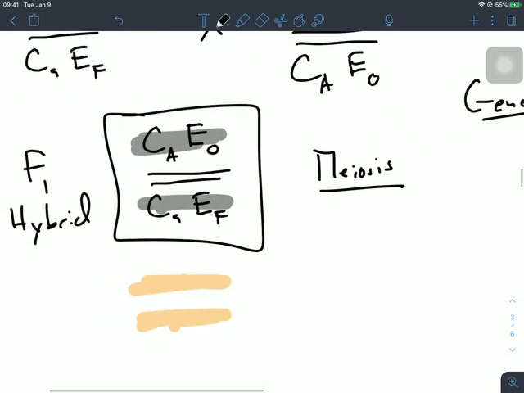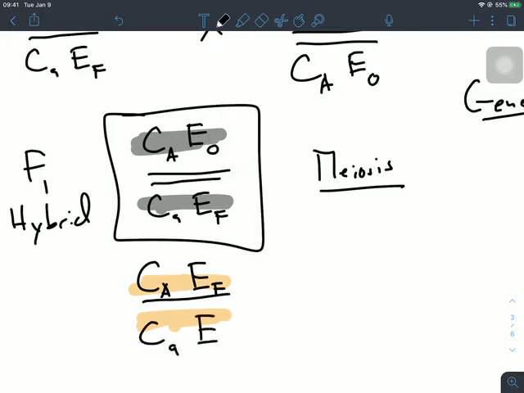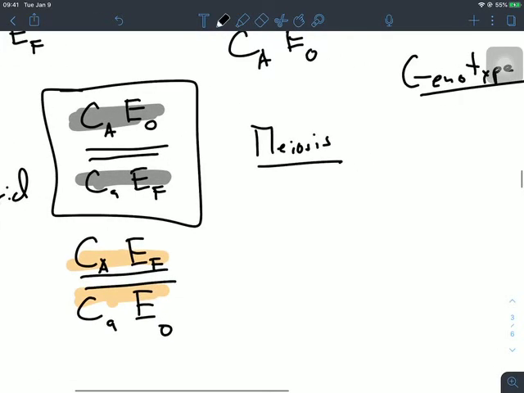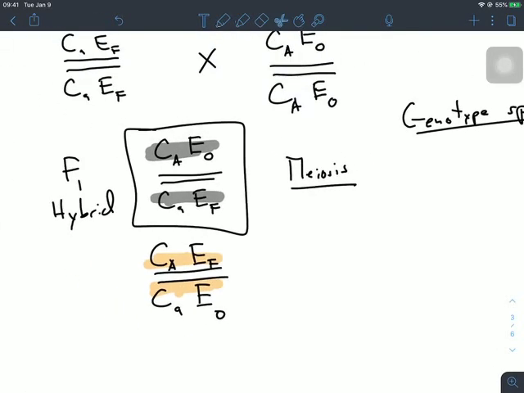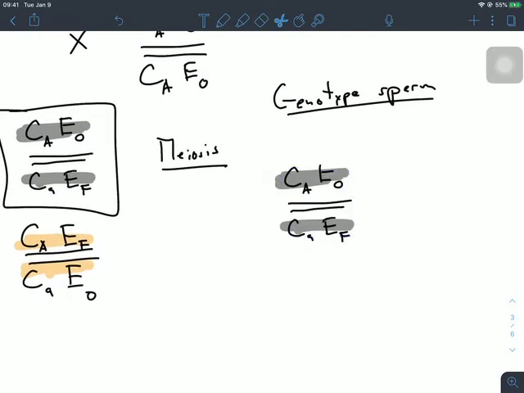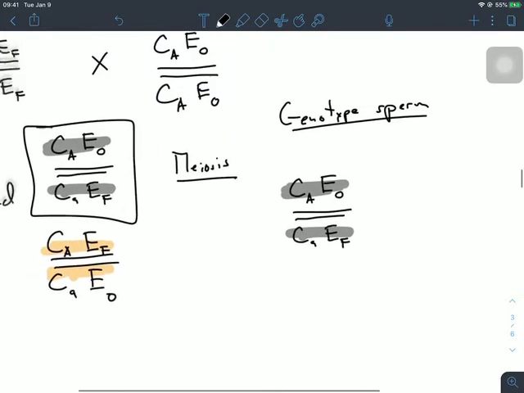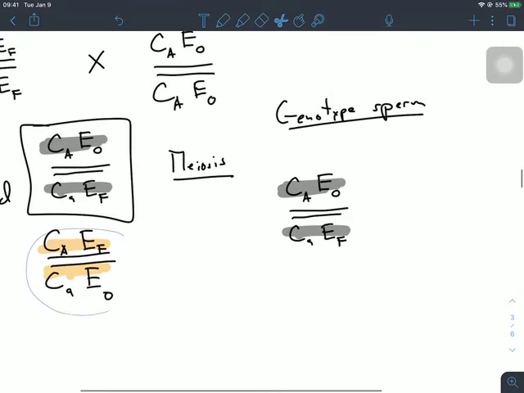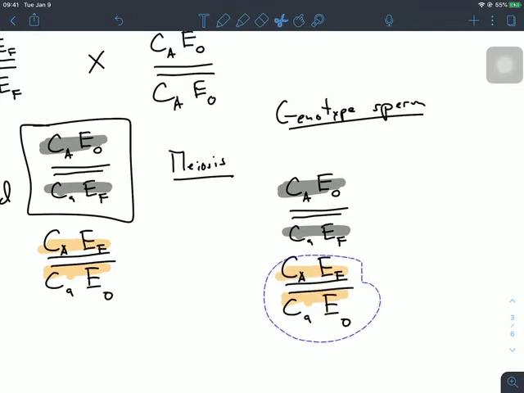So what are our two different recombinant types? Well, C capital A with an EF and C lowercase a with an EO. And so from these different types, we can now report our sperm counts.